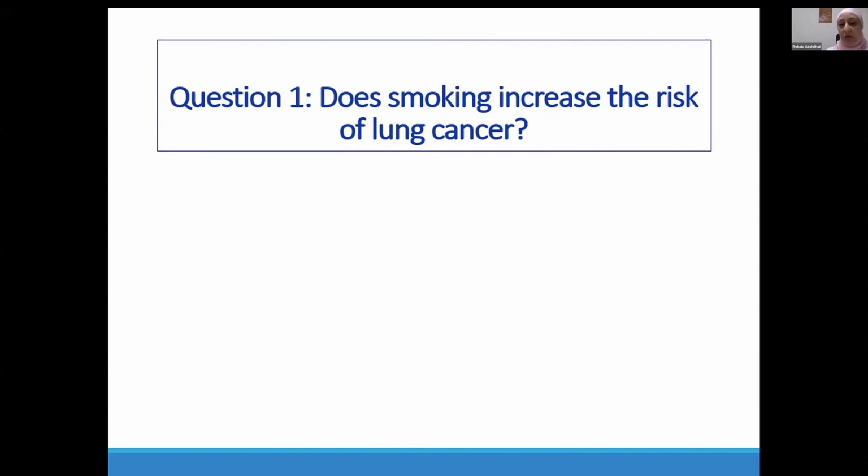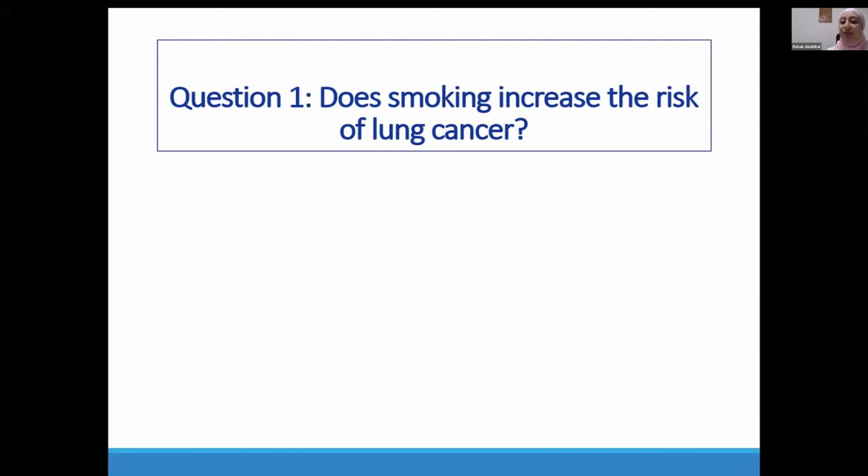So, what is my hypothesis here in this question? That smoking has an effect, or may cause lung cancer. Okay, so I'm all with you except for the term causation.